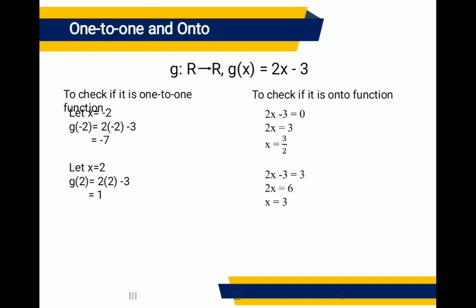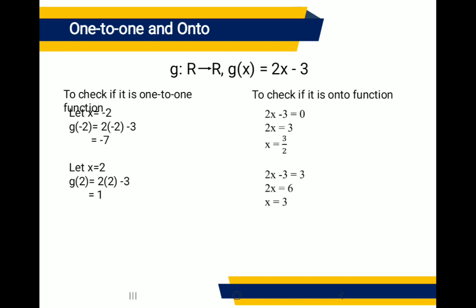So g of negative 2 equals 2 multiplied by negative 2 minus 3 is equal to negative 7. So negative 7 is a real number. Next, let x is equal to 2. So 2 multiplied by 2 minus 3 is equal to 1. So 1 is a real number.